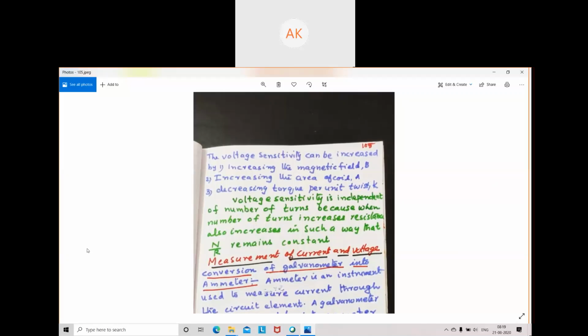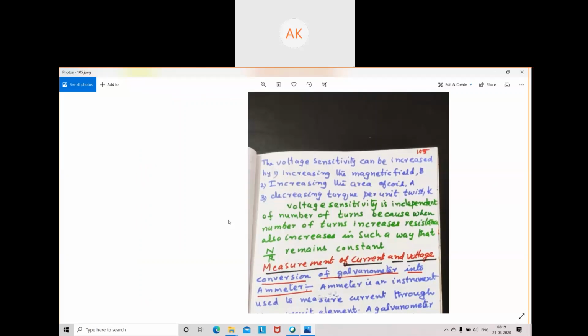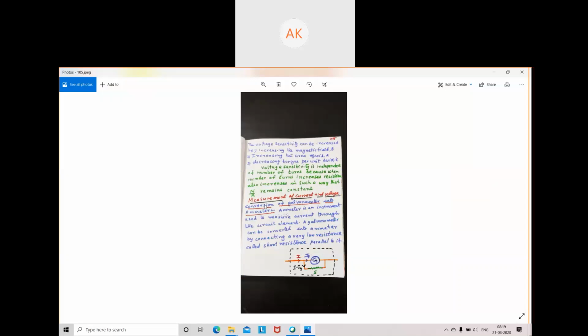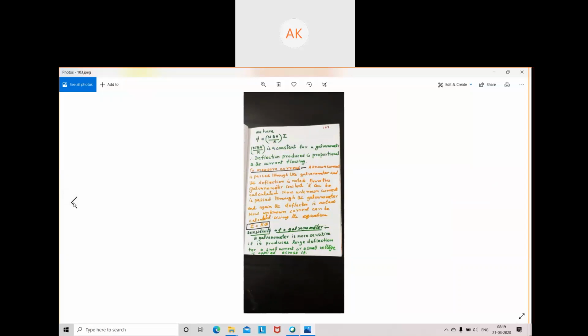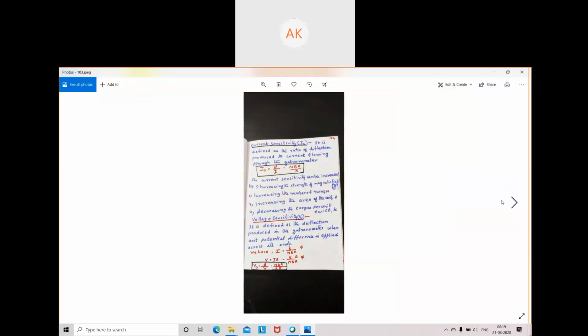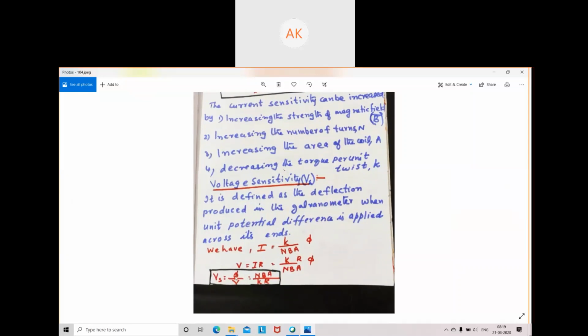Let us go back to the equation. You see this equation, voltage sensitivity equals NBA by KR.